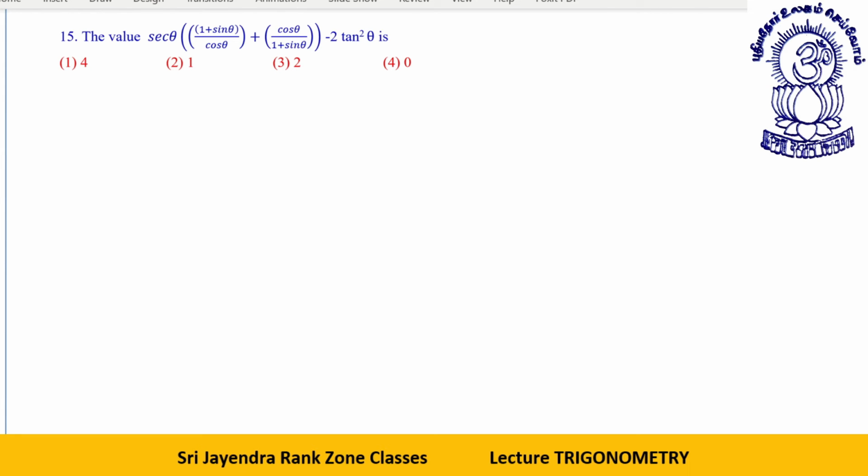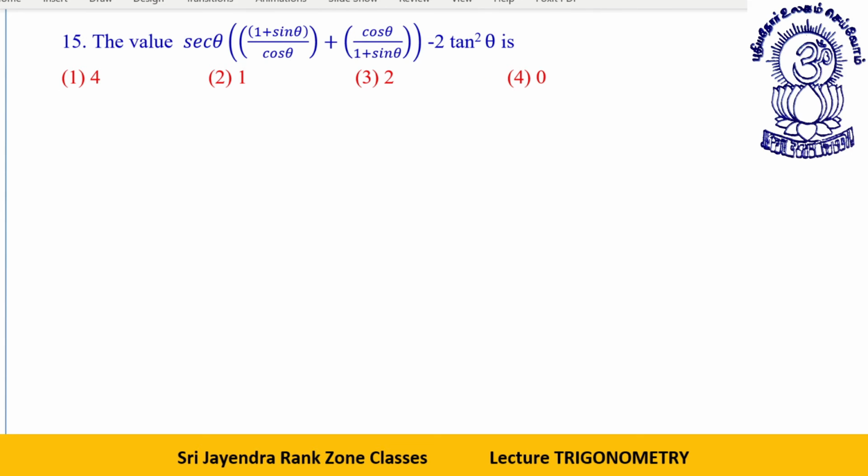We have to find the value of this expression. The expression we have is sec theta into 1 plus sine theta by cos theta plus cos theta by 1 plus sine theta, minus 2 tan square theta.